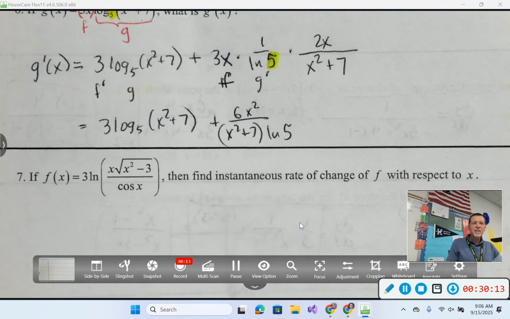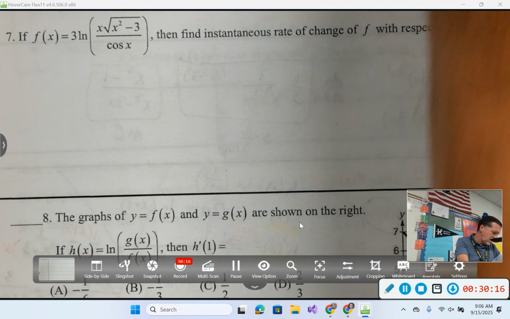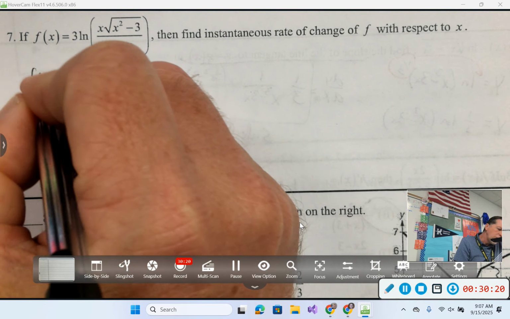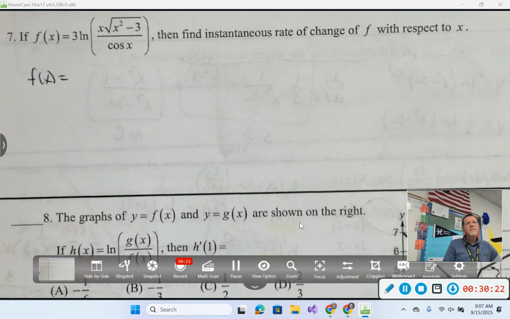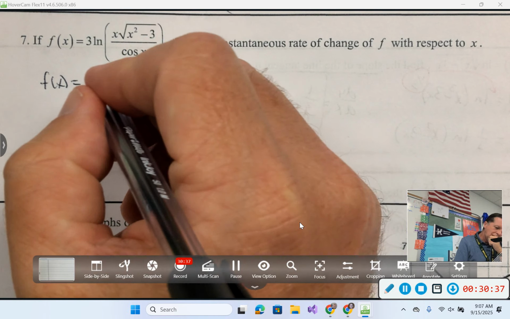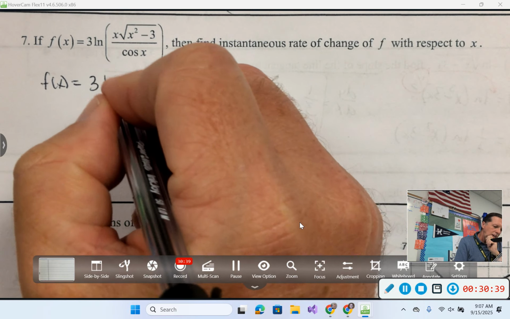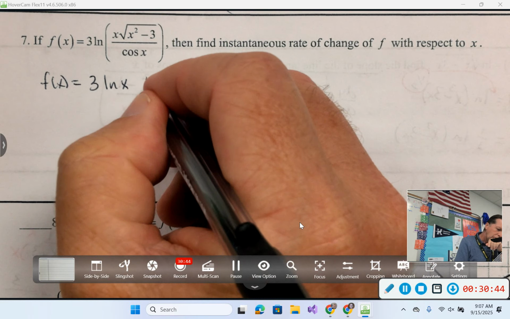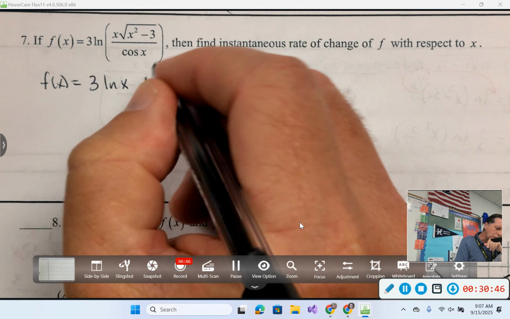So, man, number 7. What do you want to do first on number 7? Because I really don't want to take the derivative of all that. Is there something I could do that would make my life easier? Yeah, split it all up. So 3 natural log of x plus, I'm going to skip a step because I'm short on space.